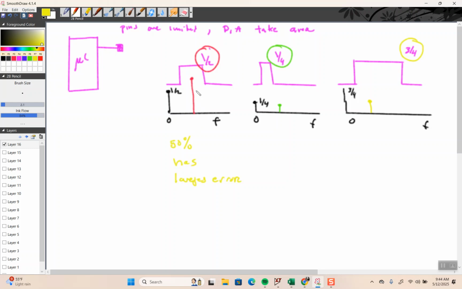So it's actually bigger than 1/2. Now at a quarter, I'm not showing the infinite, right? But it's around the same or less. And then 3/4, well, 3/4 is at least higher.